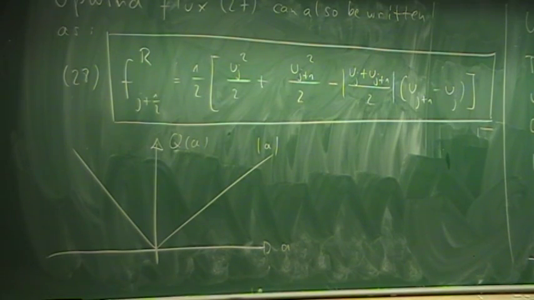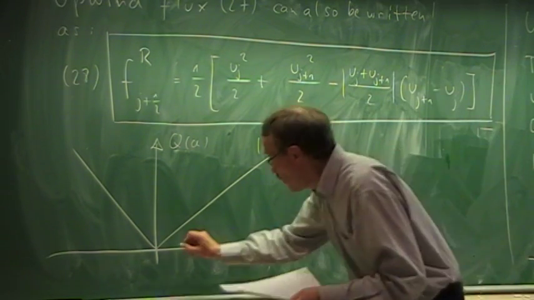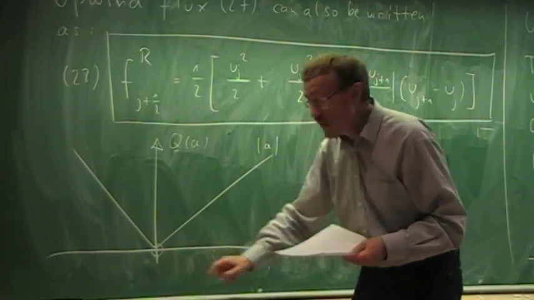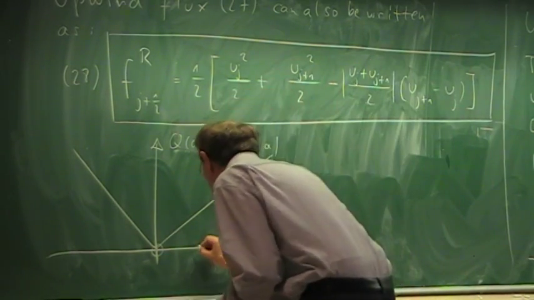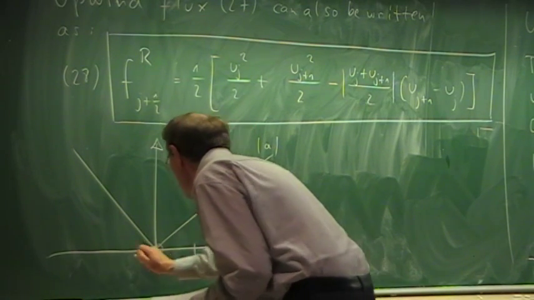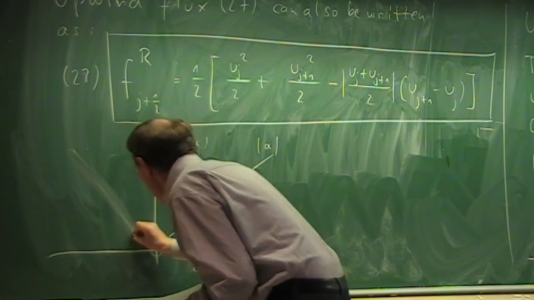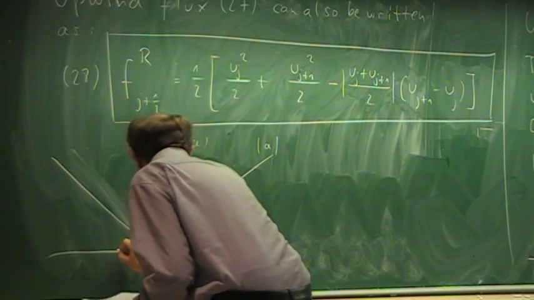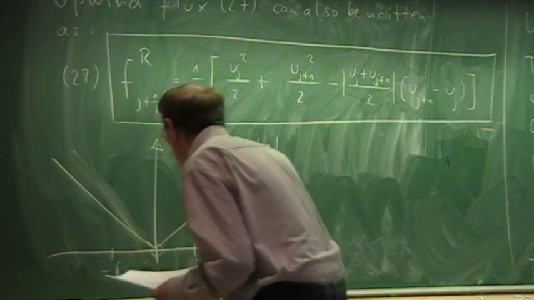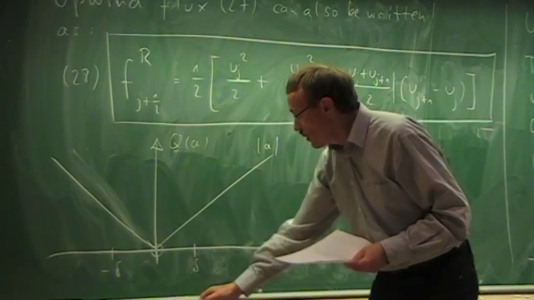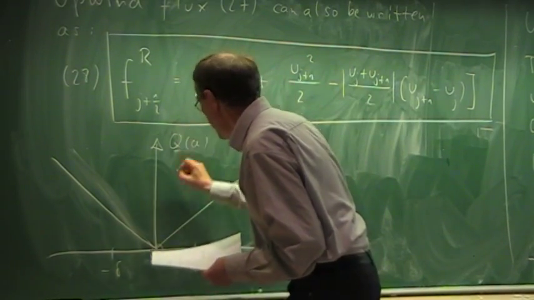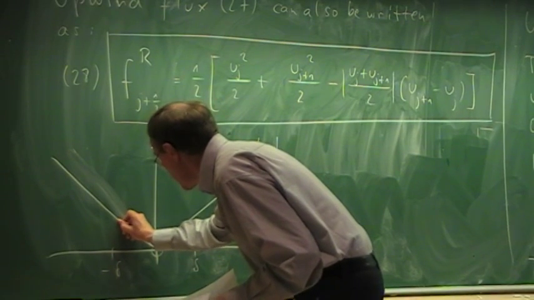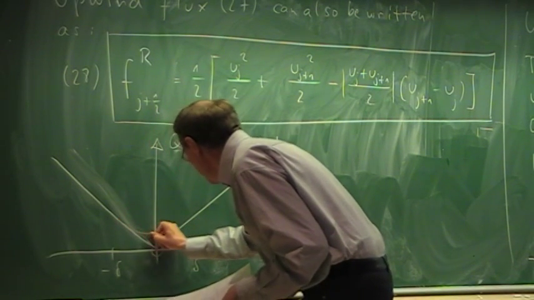But the problem is that here we have the origin, the 0. So at 0 we get a problem. So at some point we have a threshold, say delta, symmetric, so we have minus delta here. In this region we modify things. So Q of A puts in a parabola here.